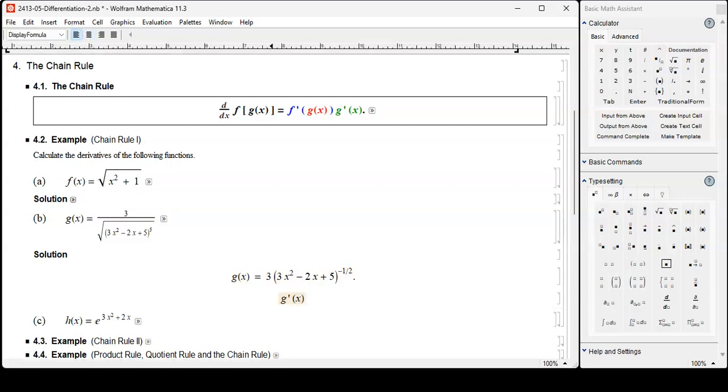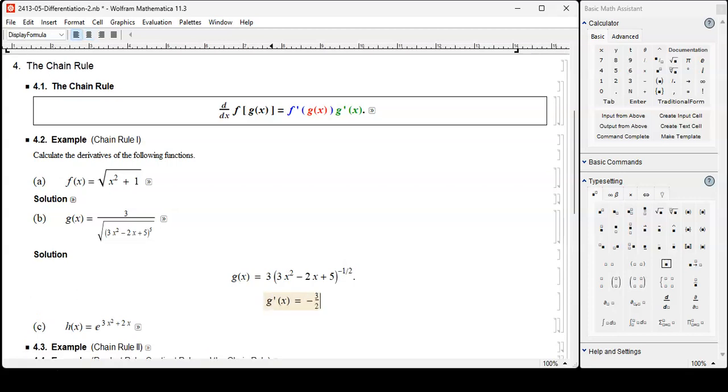Let's calculate the derivative. The chain rule says outside first. Apply the chain rule, apply the power rule to the outside. Multiply the power -1/2 times 3, so you're going to get -3/2. And then subtract 1 from the power. What is it? -3/2 power.